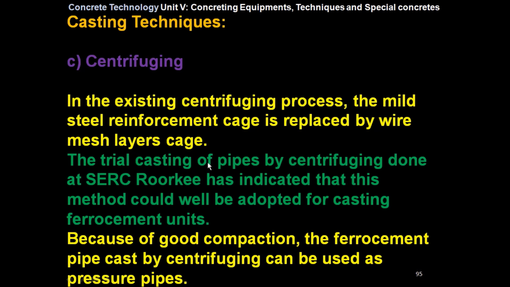The trial casting of pipes by centrifuging done at SERC, that is Structural Engineering Research Center, Roorkee, has indicated that this method could well be adapted for casting ferrocement units. Because of good compaction, the ferrocement pipe cast by centrifuging can be used as pressure pipes.